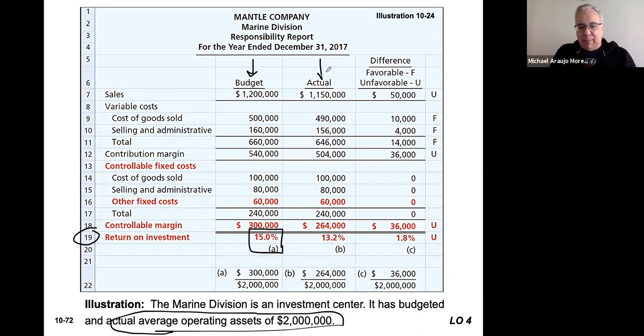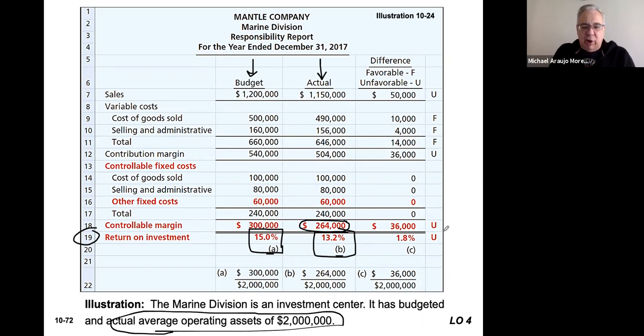But what actually happened was, as you know, they missed their sales target, leading to a smaller controllable margin, 264. When they put that over $2 million, their ROI was only 13.2%. Now, 13.2% is still nothing to sneeze at, but it's not 15%.